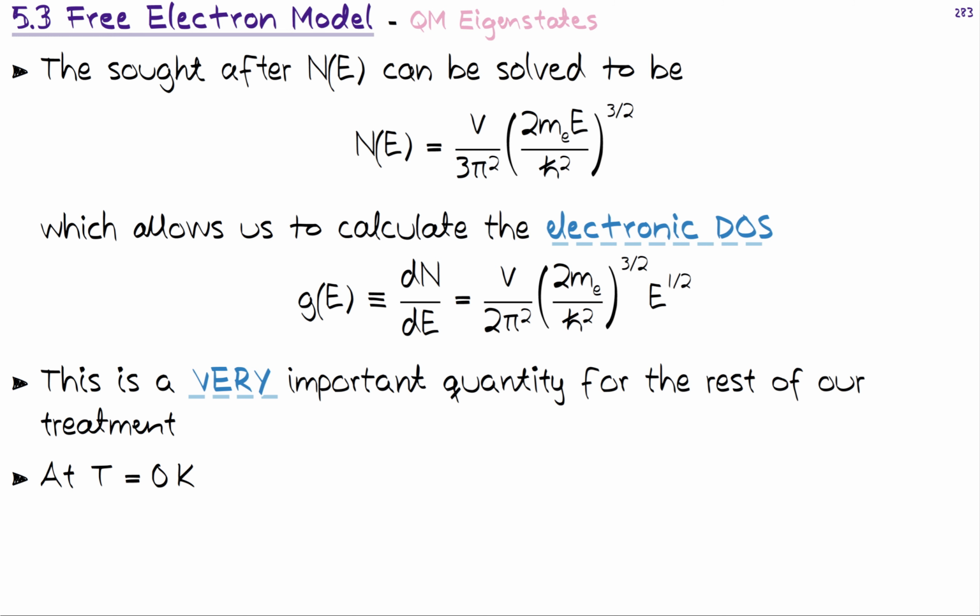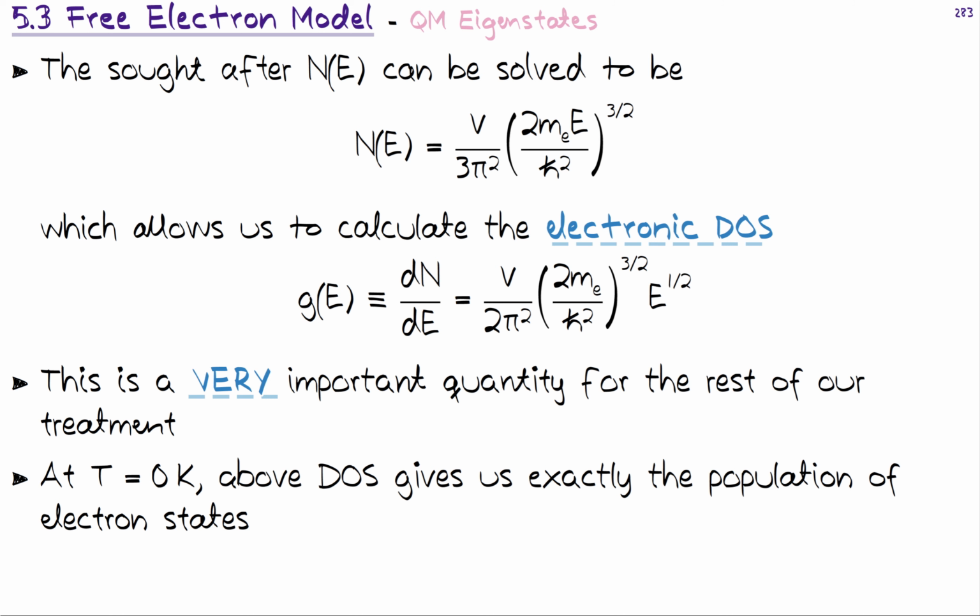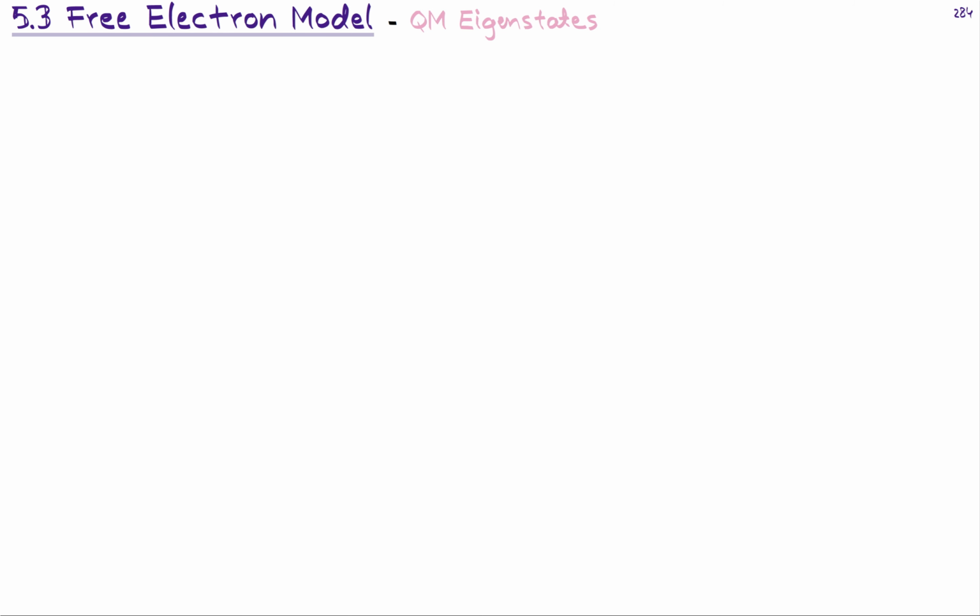So at 0 kelvin, the above density of states gives us exactly the population of all our electron states. We remember we are assuming the single electron approximation here, and this is nice and fine. What we must do before we are ready is consider also the possibility that our system is at a non-zero temperature, so at a finite temperature, for example room temperature or 100 kelvins or something in between or above.